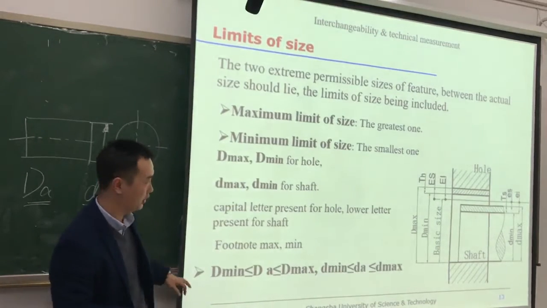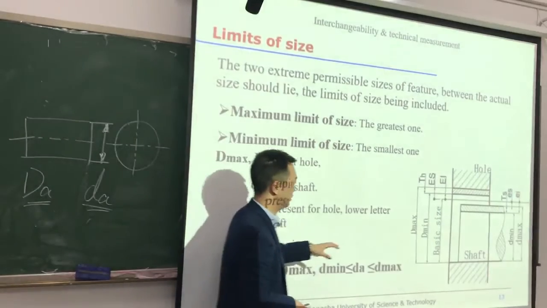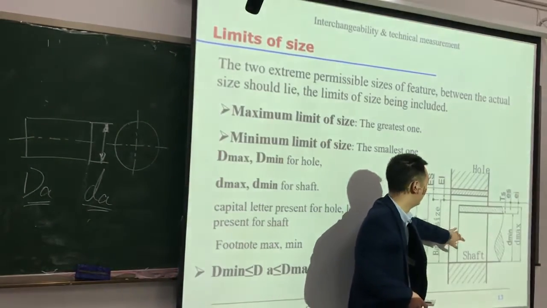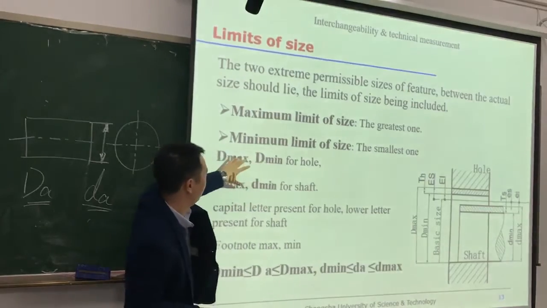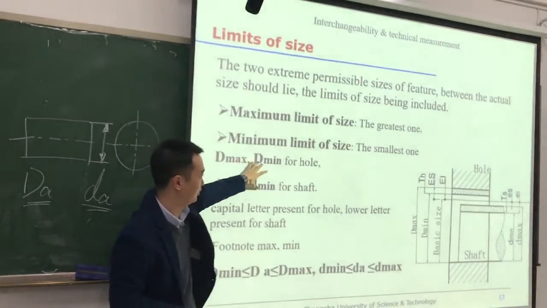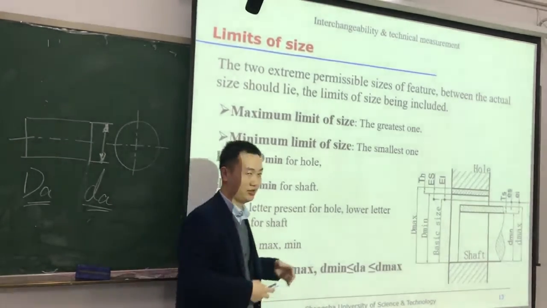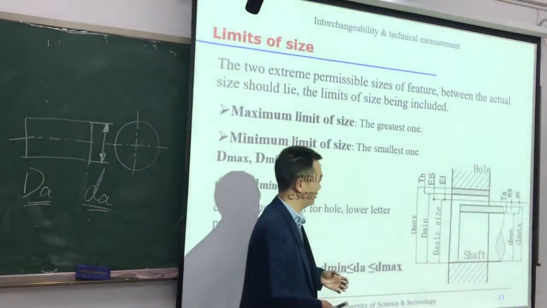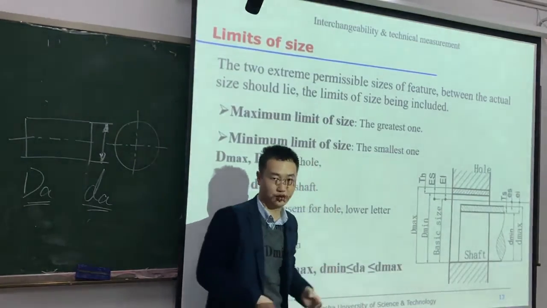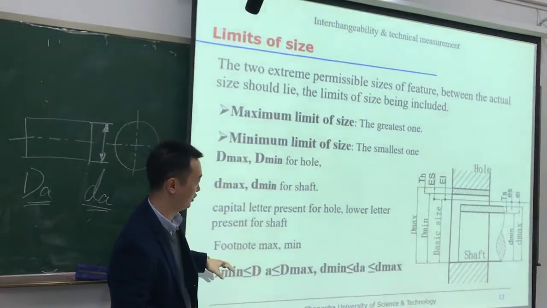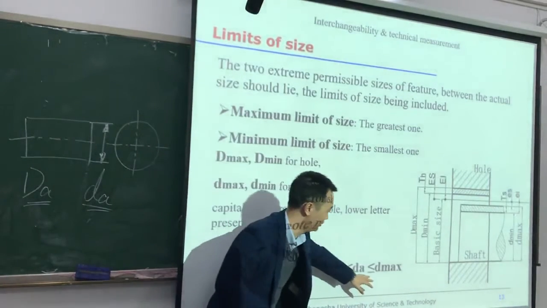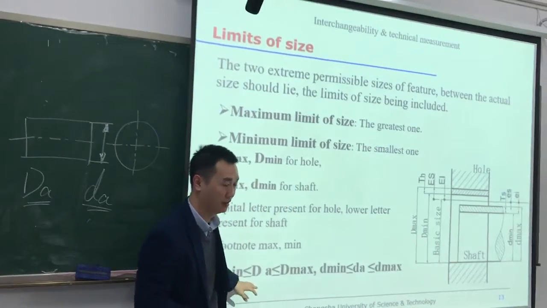So when we manufacture a shaft or a hole, if we have these two limit values, how do we say it is qualified according to our tolerance? That's these equations.